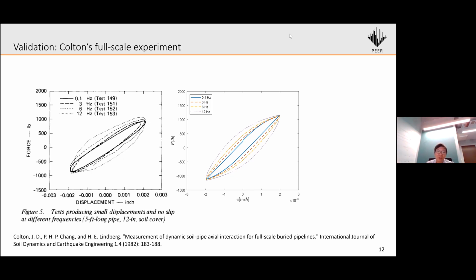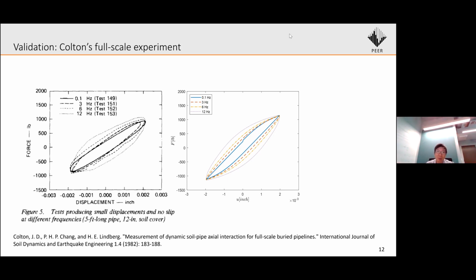At low frequency, for example, at 0.1 Hertz and 3 Hertz, the area of the force displacement curve for the two cases is almost the same, indicating that the damping is almost the same. This is because the material damping is dominant in low frequency, and that type of damping does not depend on the frequency.